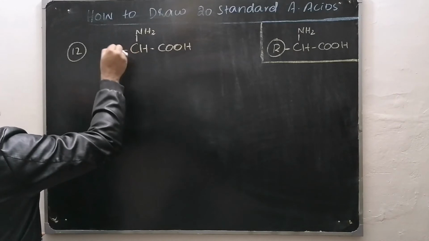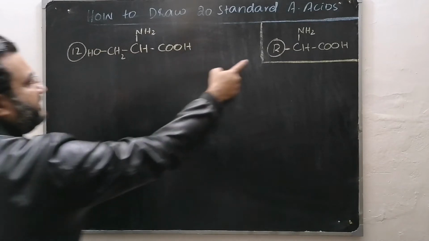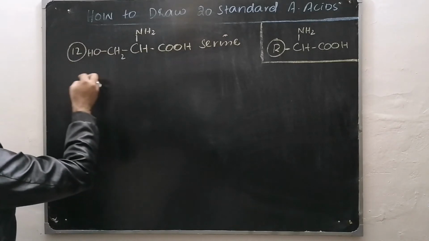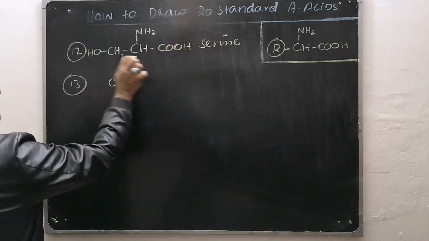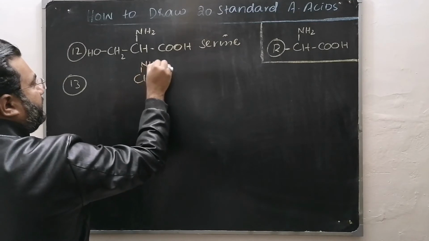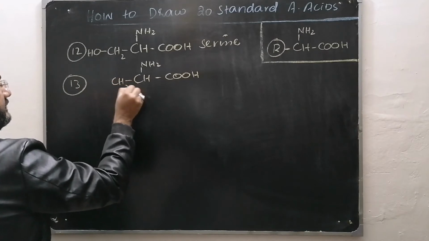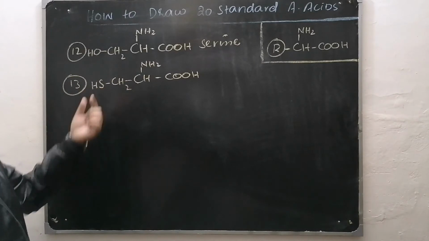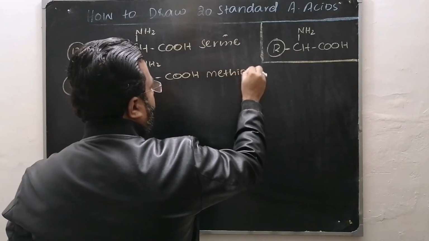Now dear students, if you place CH2OH here at the place of this R group, then this will be called serine. Now again look very carefully, it is very easy to draw these amino acids. Now if you place an SH group rather than the OH group here, then that will be called methionine.